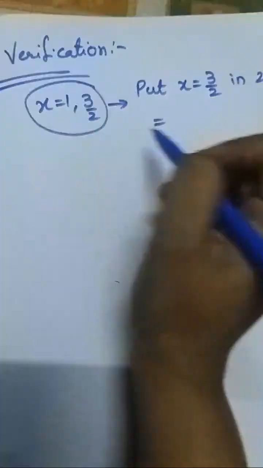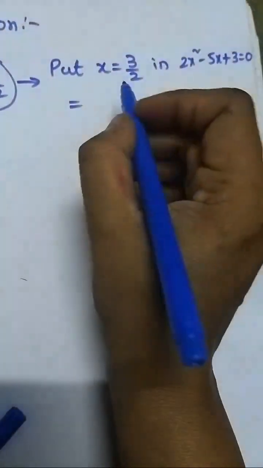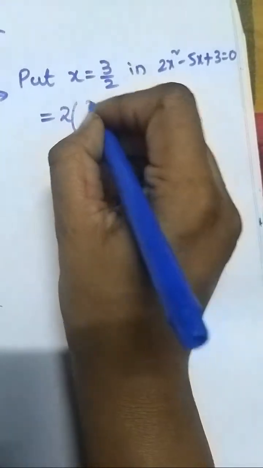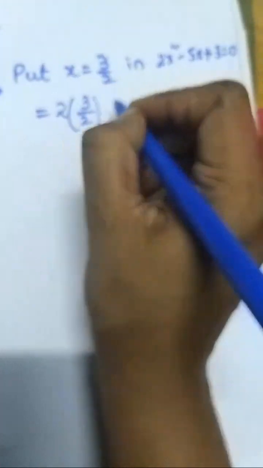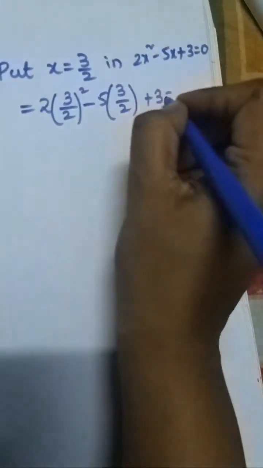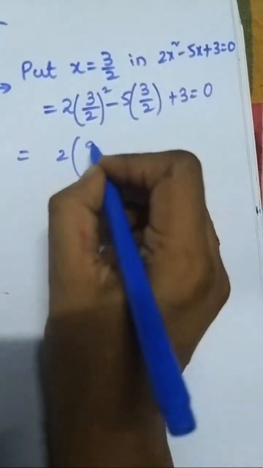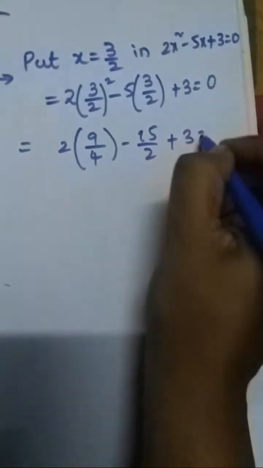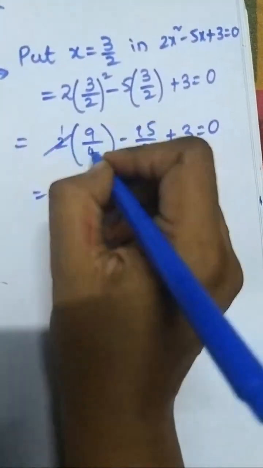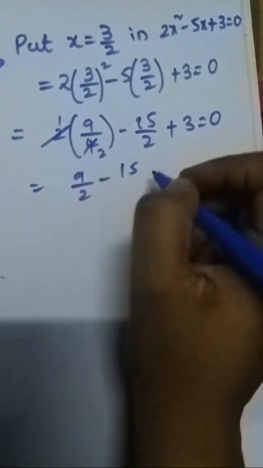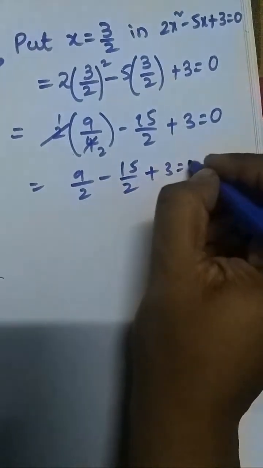Now 2 into 3 by 2 whole square minus 5 into 3 by 2 plus 3 equal to 0. 2 into 9 by 4 minus 15 by 2 plus 3 equal to 0. Here 9 by 2 minus 15 by 2 plus 3 equal to 0.